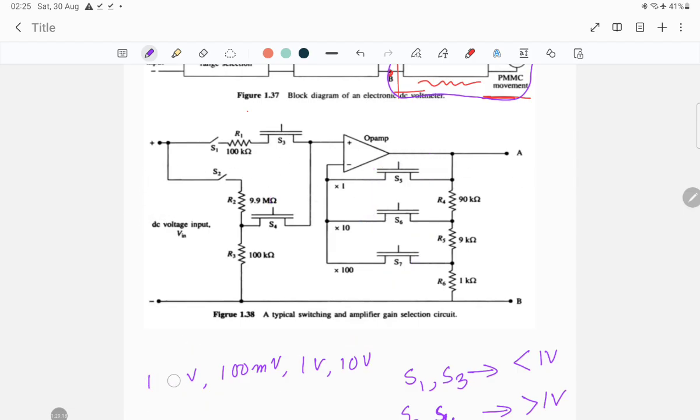Now for the first scenario, that is the 10 millivolt scale.